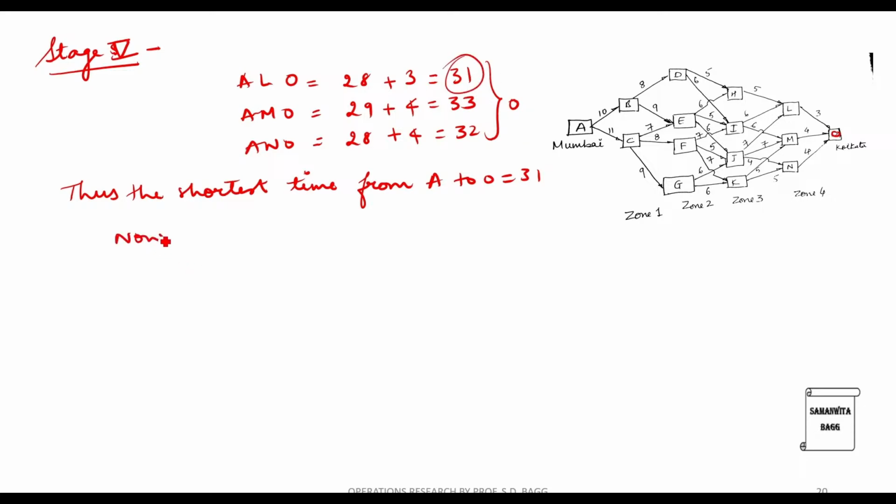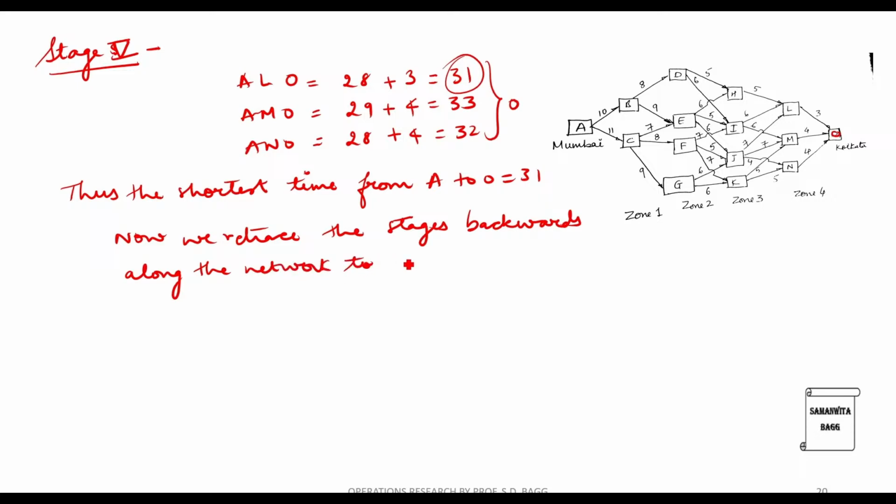Now we retrace the stages backwards along the network to identify the intermediate cities along the shortest route.